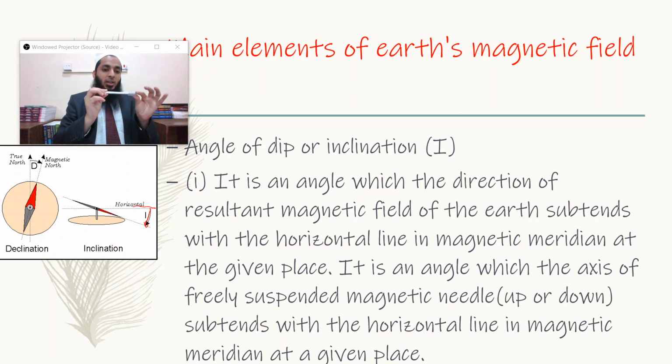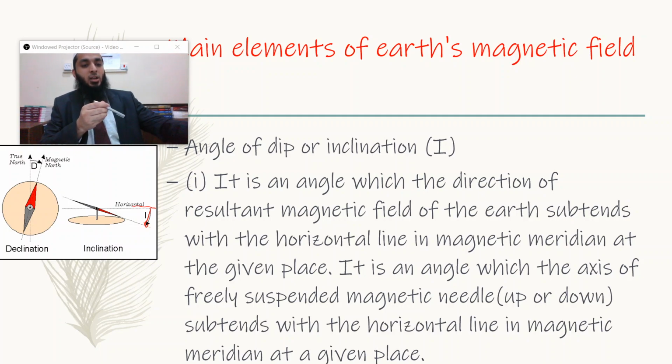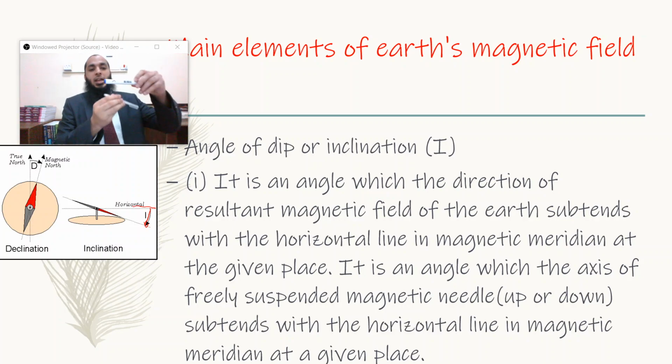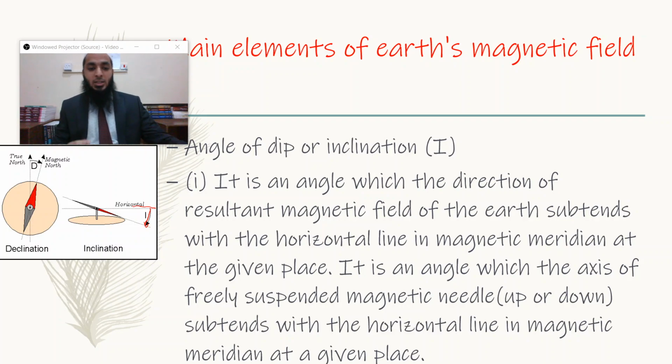So if the magnetic needle, which was like this, rotates in the vertical plane about a horizontal axis, the angle made by the horizontal and the magnetic needle is called the angle of dip or angle of inclination. Yes, that's what we see here.